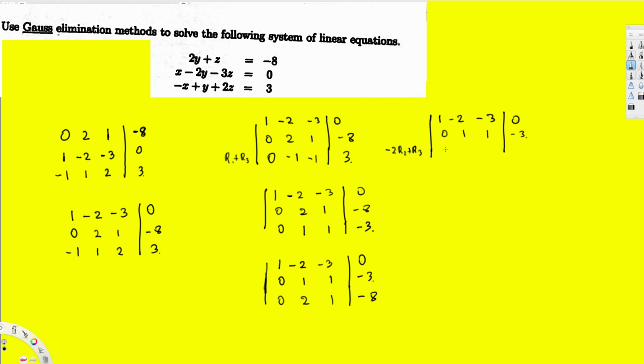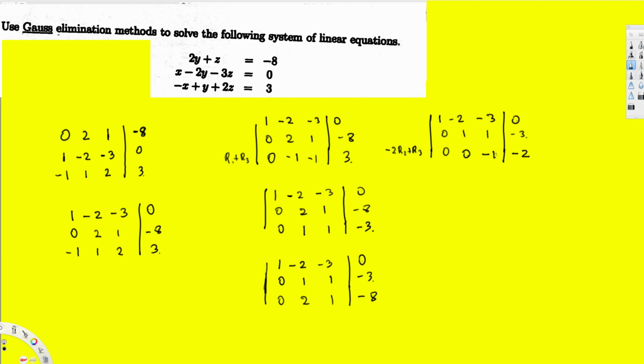If I do that, I will make this one 0. And if I multiply this one by negative 2 and add it to this one, this is going to be minus 1. And here we will get plus 6. Plus 6 minus 8 is going to be minus 2.